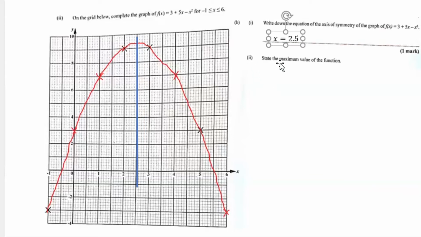Part 2 now says state the maximum value of the function. So the maximum value would be somewhere here. This is 9. As you can see, the smaller units in between are 0.2, so this would be 8.2, 8.4, 8.6, 8.8, then this would be 9.